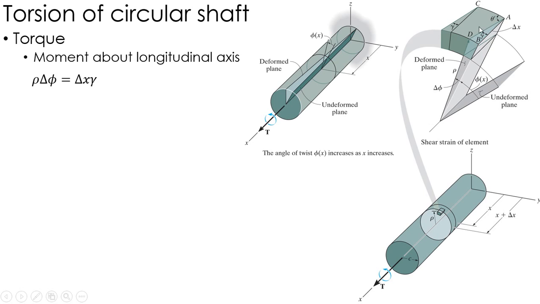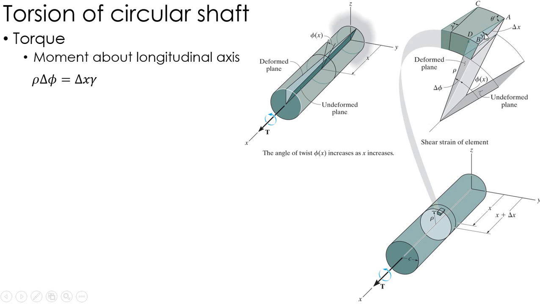This thing has a thickness of delta x, and it's at a distance of rho away from the center. The equation I have written here is basically this little arc length, which is delta phi, the angle of twist, times rho, that radial distance from the center. That gives me this distance.